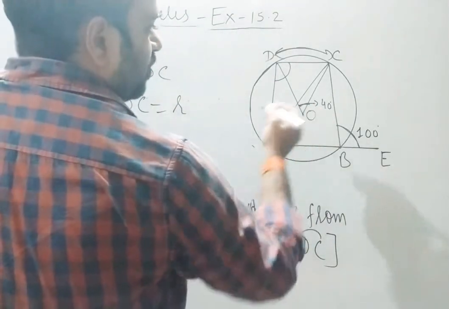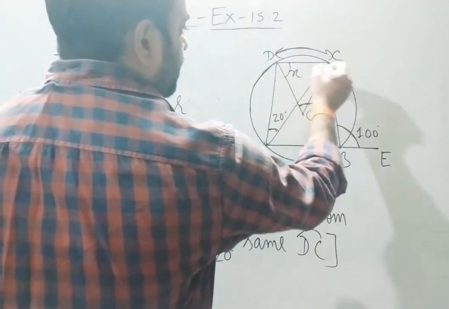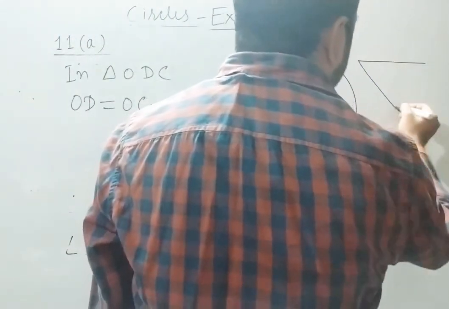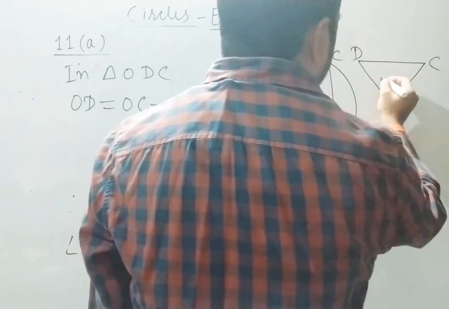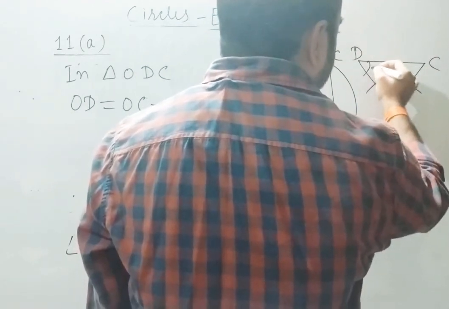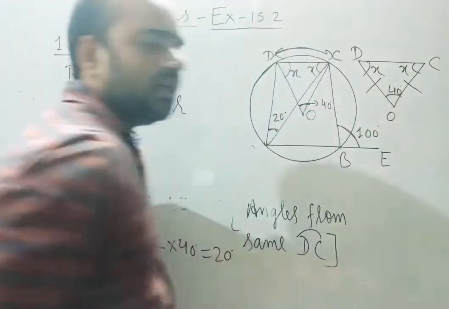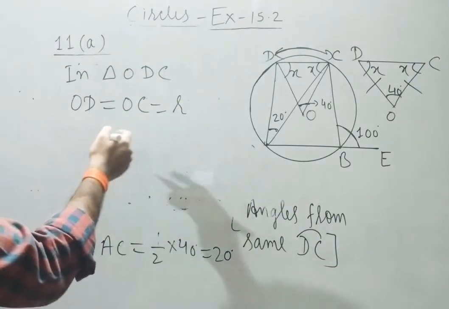It means if this is 40 degrees, these two angles will be the same. Both are the same radii, so opposite angles will be equal. Then we can find X.